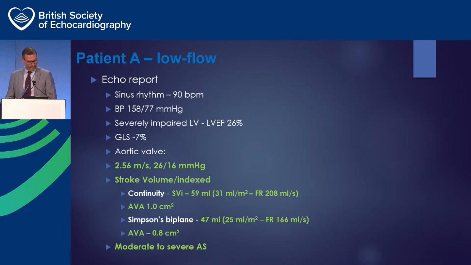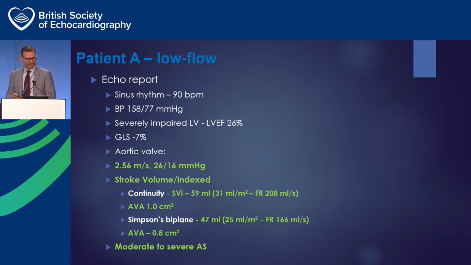So the echo report described sinus rhythm at 90 beats per minute, a blood pressure of 158/77, LV systolic function severely impaired with an EF of 26%. GLS was markedly reduced at -7%, and again those transvalvular velocities and mean gradient were low because of the low flow state. But we thought that the continuity estimate of stroke volume was probably a little high.